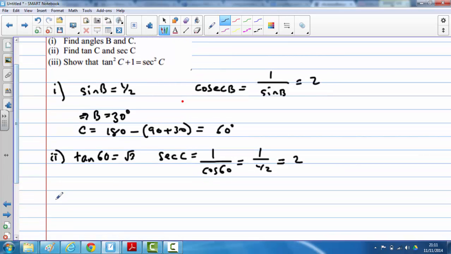So the last part of the question, where you've got tan squared C plus 1 is equal to sec squared C. Well, we're going to show they're equal.